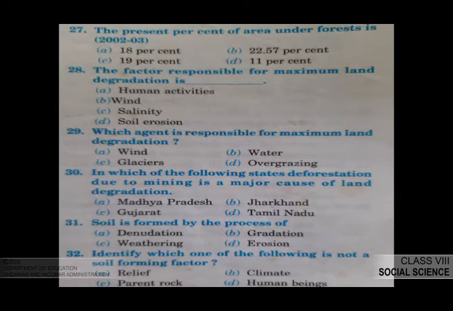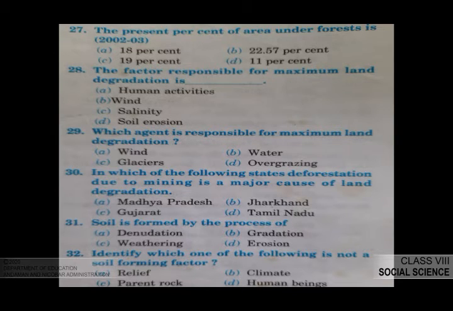Now next question, the present percent of area under forest is, as per 2002-2003, your options are 18%, 22.57%, 19% or 11%.